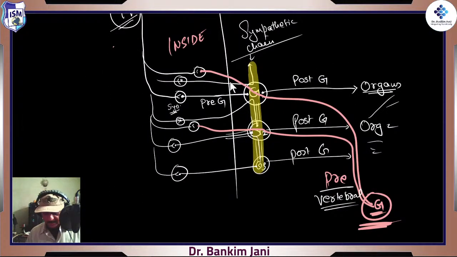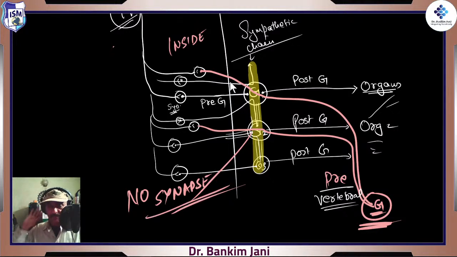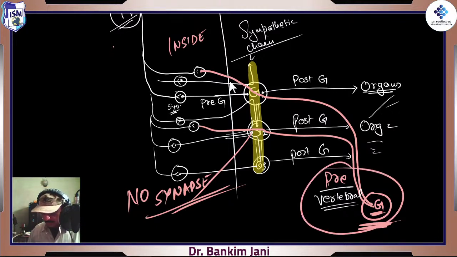See, no synapse over here. They will not be stopping at the standard sympathetic chain, they will bypass it and will meet at those special ganglia. And those special ganglia are called the prevertebral ganglia.